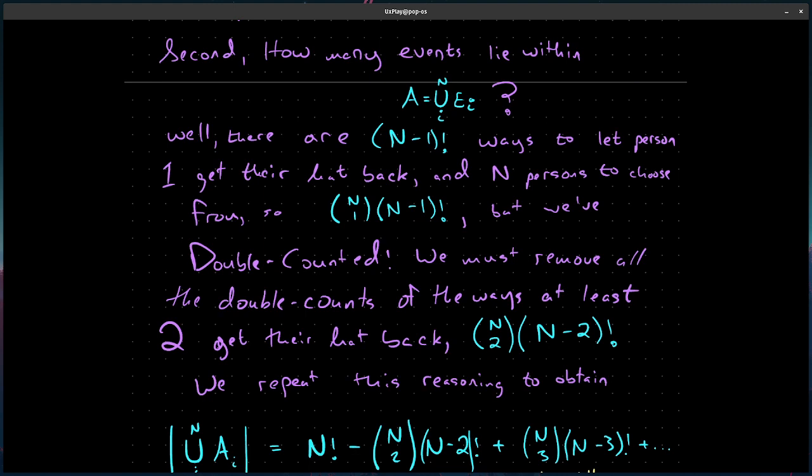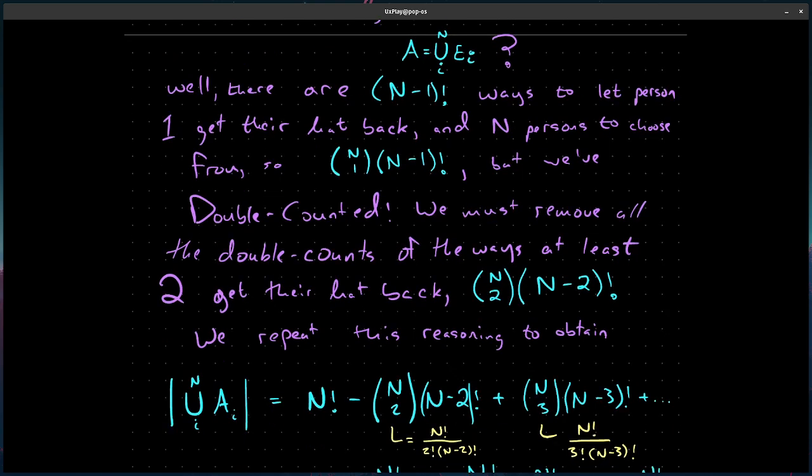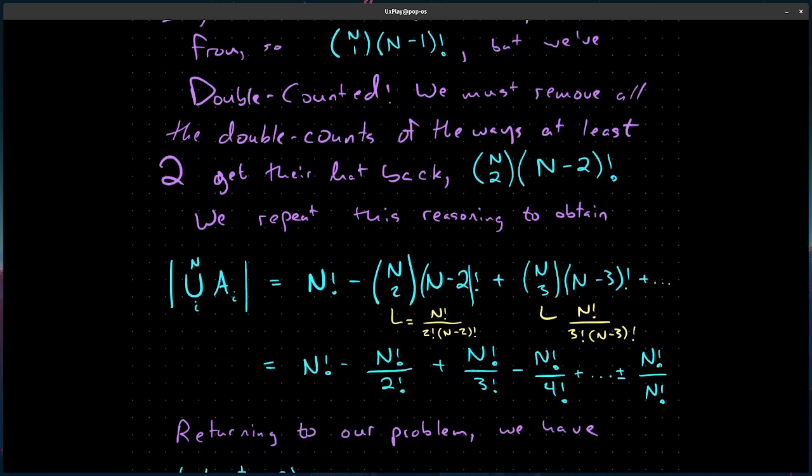So we've double counted at least all of the ways that two people get their hat back. So we need to subtract out the ways that two people get their hat back. But then after doing that subtraction, we run into this recursive issue. We then need to add back the number of ways that 3 people got their hat back, because it turns out we've overcounted again in the wrong direction, and we get what is referred to as the principle of inclusion-exclusion.